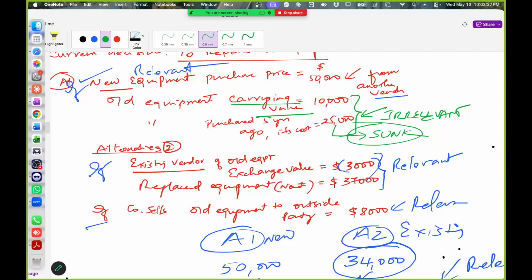Then fixed cost. When I explained fixed cost, I said what? It's a VIP cost. Before committing, you should be careful, I said. So, committed cost is irrelevant. Then against avoidable, unavoidable. Unavoidable costs are irrelevant. What is unavoidable?